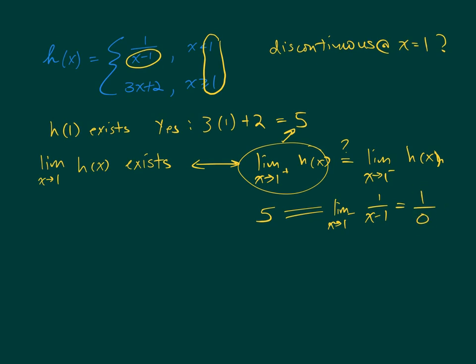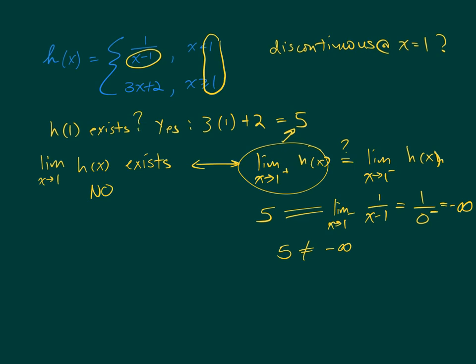That means that there will be a vertical asymptote at x equals 1. And since x is approaching 1 from the left, these numbers will be less than 1, which means all of the numbers in the denominator will end up being negative. So that'll be negative infinity. And 5 is not equal to negative infinity. So the limit does not exist.